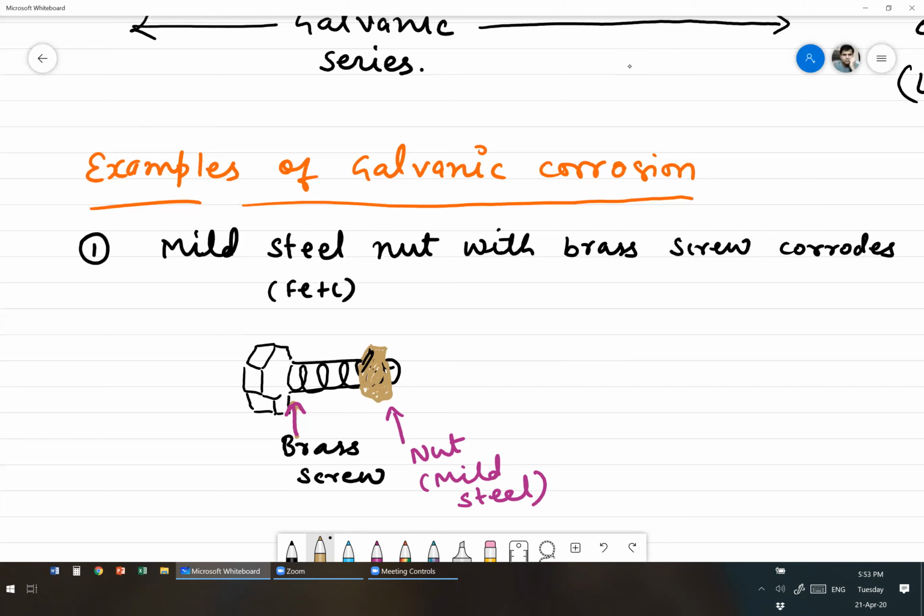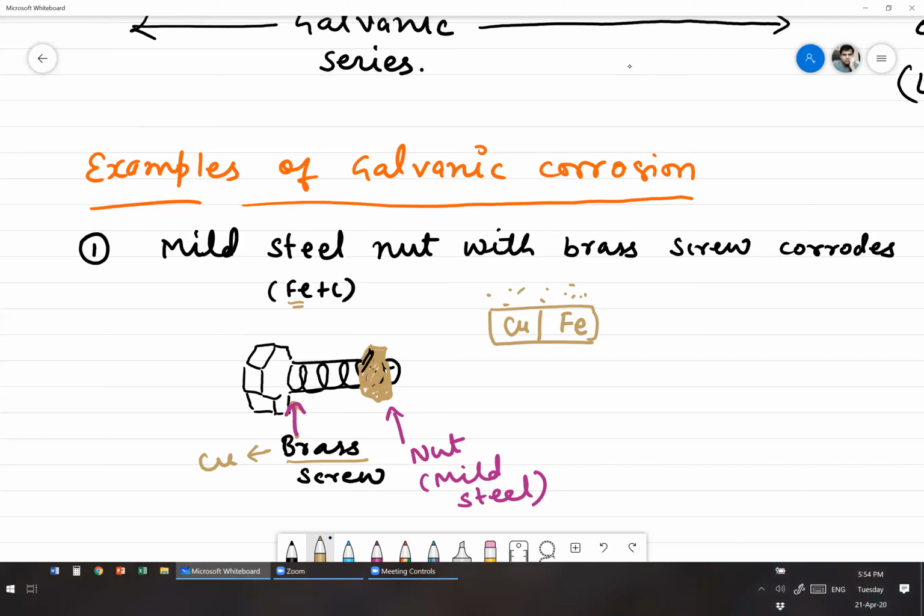Here, you know that the base metal of this steel is iron. So here we get the couple of iron metal and brass, and the base metal in brass is copper. So they make the couple of copper and iron metal. When they are in contact with moisture, they form a galvanic cell and undergo galvanic corrosion.